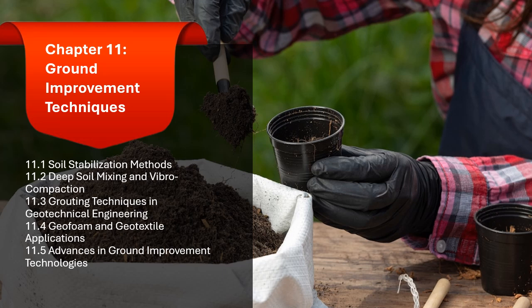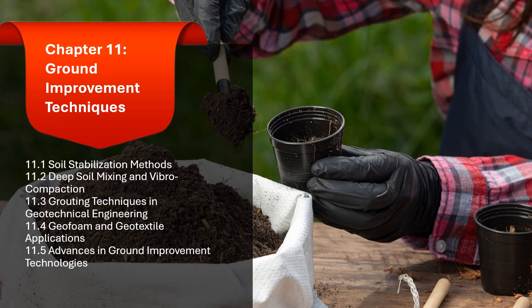Purpose. Cement stabilization improves the shear strength and reduces the swelling and shrinkage behavior of expansive soils. Applications. Used for stabilizing clayey soils, subgrades for roads, and foundation beds for buildings.